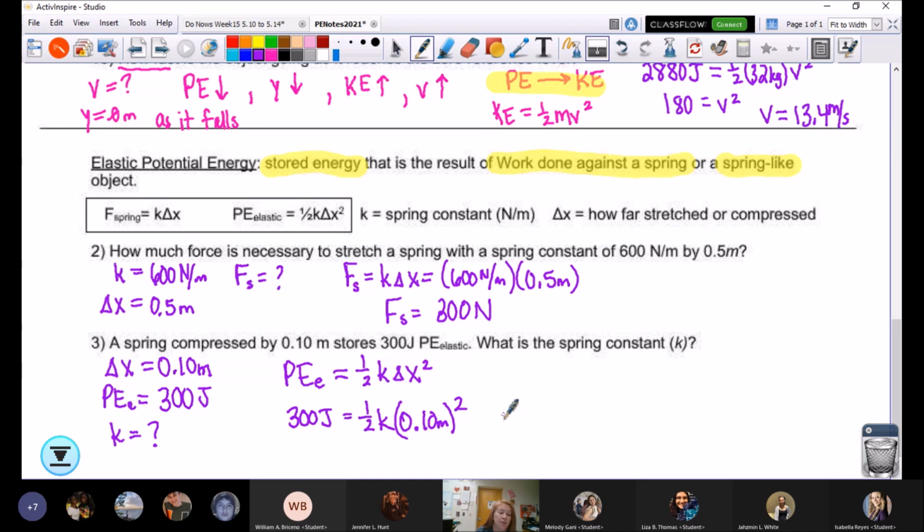Make sure you're plugging the information into the correct variable location in the equation. Simplify, divide. K is going to be 60,000. Yes, that is a large number, and that's okay.